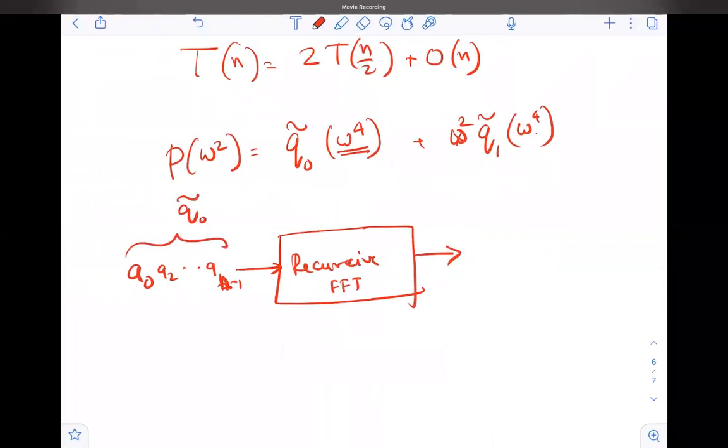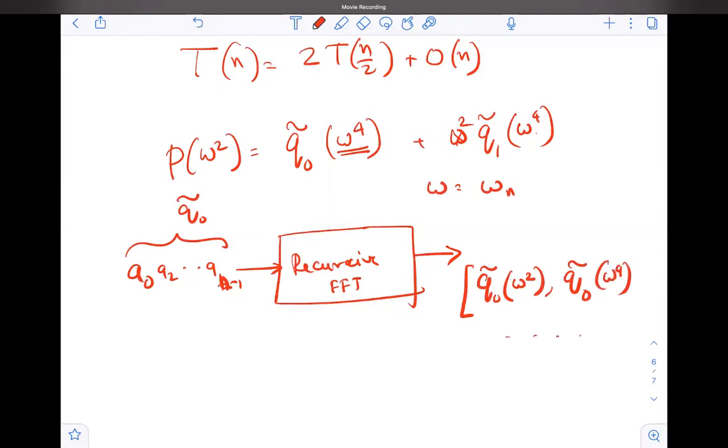And what is it outputting? It is outputting Q0 tilde at w squared, where I'm assuming w equals the nth root, and then it is doing it at all the other points. It is outputting the evaluation of Q0 tilde at all the n by 2th roots of unity.